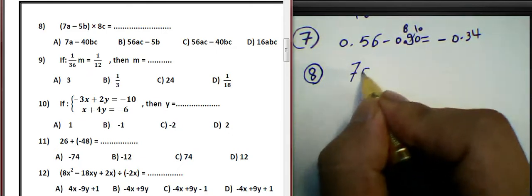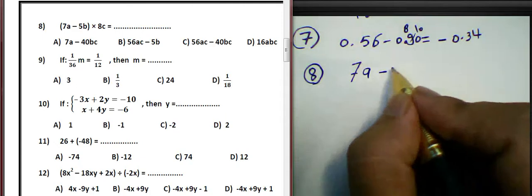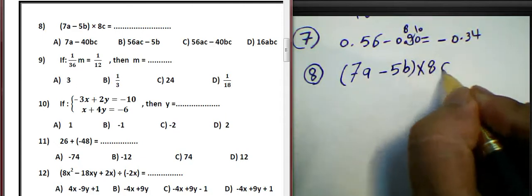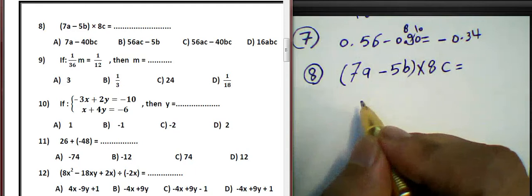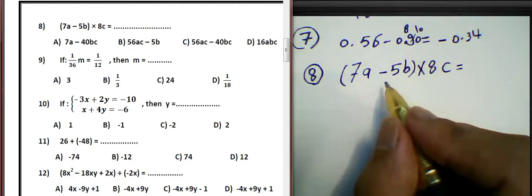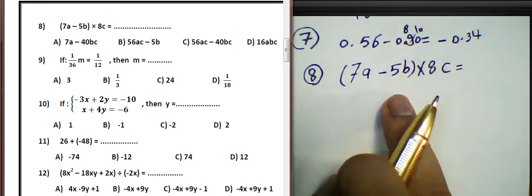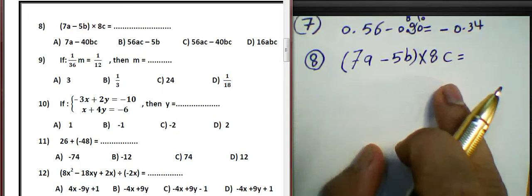7a minus 5b multiply 8c. We can use distribution, because 7a minus 5b we can't find the result because they are not similar, so we must use the distribution operation.